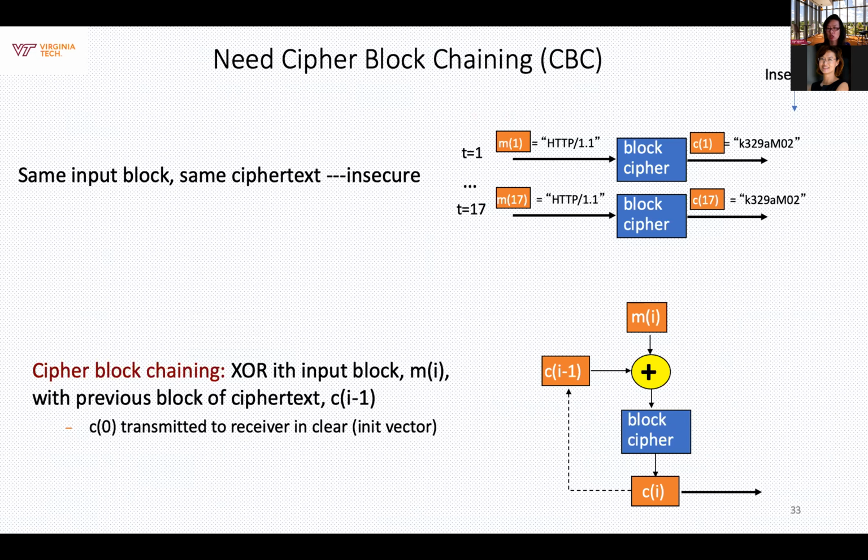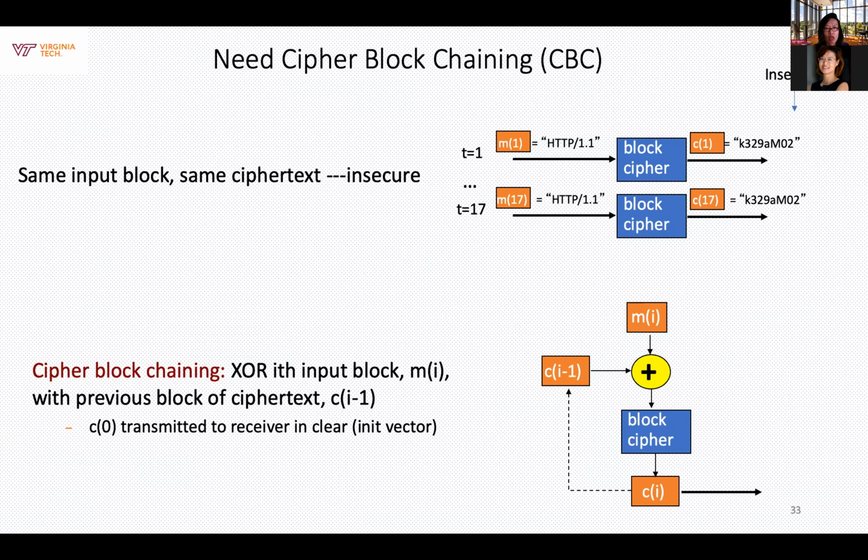They begin with HTTP, www, and so on. Then it's very predictable what the plaintext is. And when the attackers see both the plaintext and the ciphertext, they will be able to guess the key, and then use that to decrypt the whole thing.